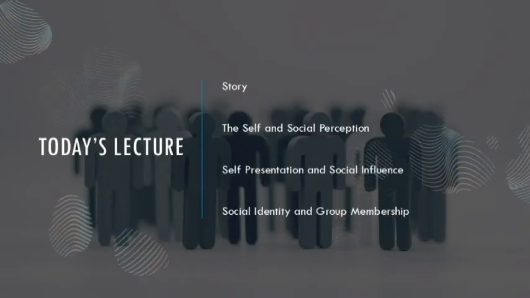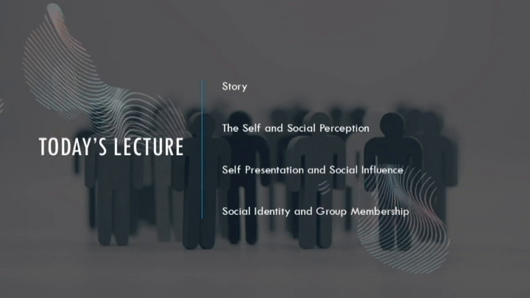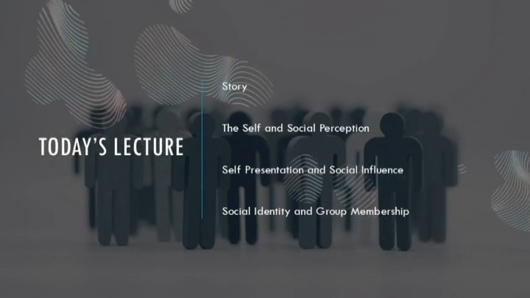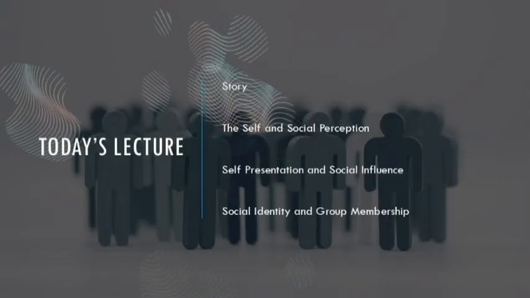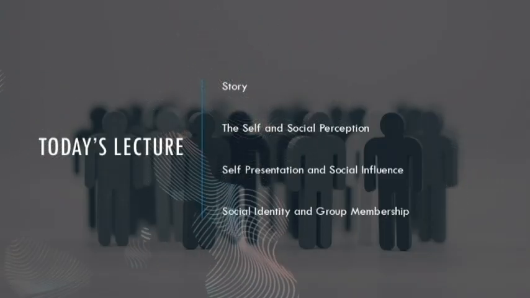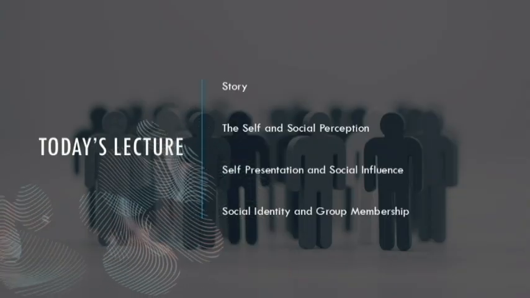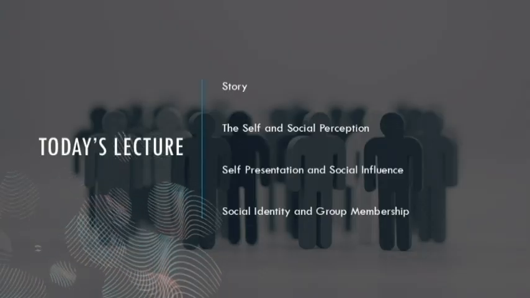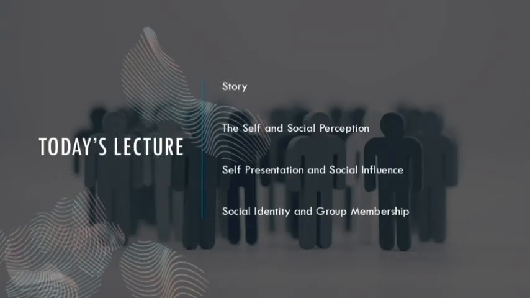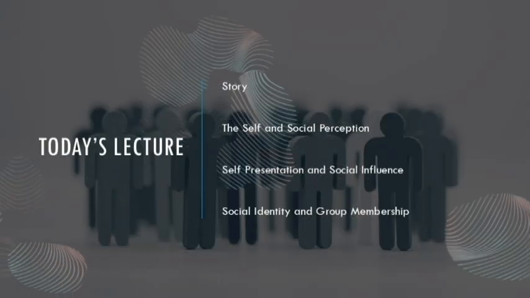For example, how do people manage the impressions that they give off in social situations? What strategies do people use to present themselves in these different situations? And how do social norms and expected behaviors shape our behavior? And then finally, we'll explore how our social identities are formed based on group memberships and social roles.